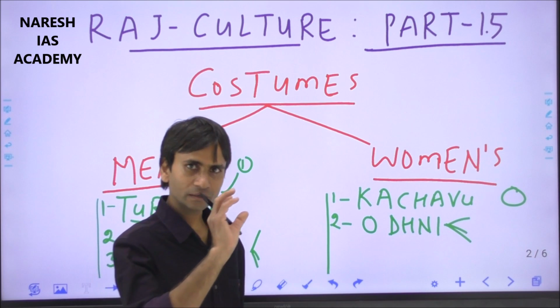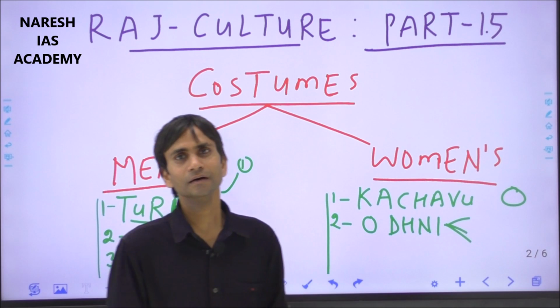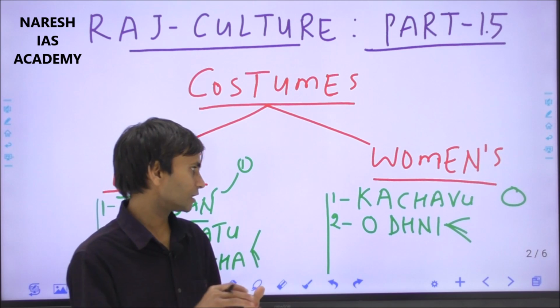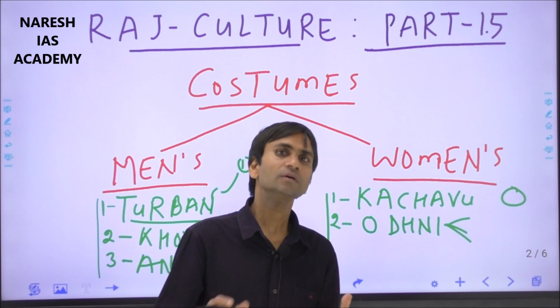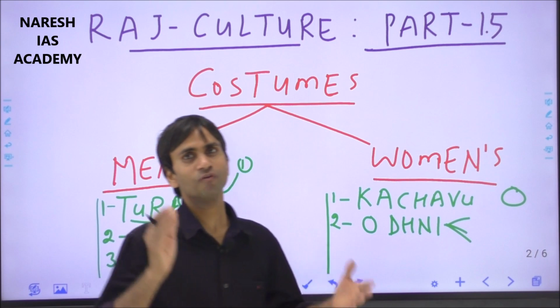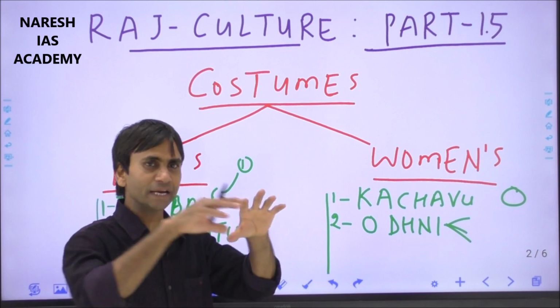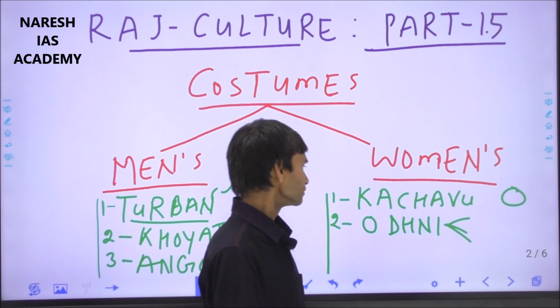So the color of the keri is used in this, and the basic color in the keri bhat odhni is red, and multiple colors are also used along with the red. Yellow, black and white colors are also used for the decoration of the border part and making some designs. These are the four important types of the odhni.